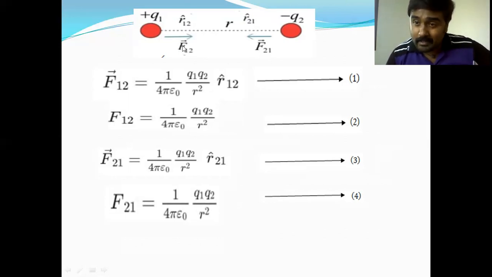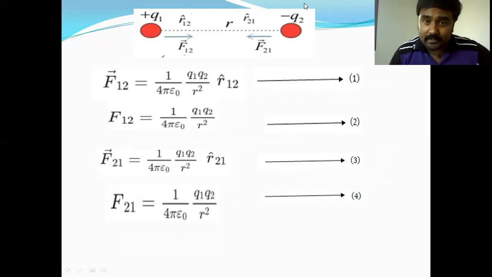The direction can be represented by using a unit vector, that is R12 cap. R12 cap is a unit vector that indicates the direction of the F12 vector, from plus Q1 to minus Q2. So this is the action.